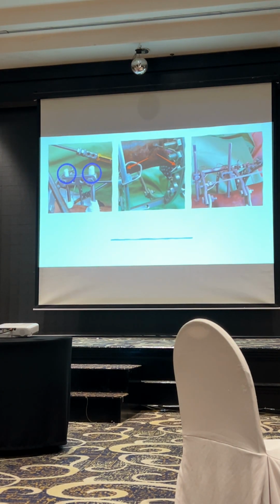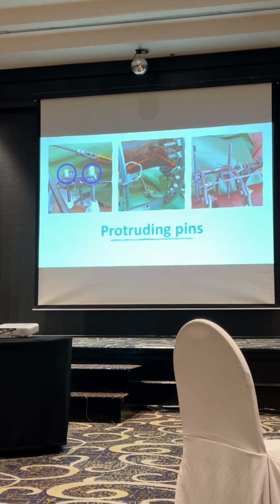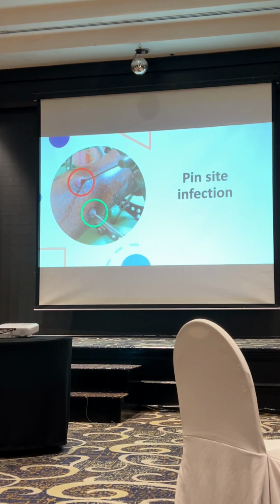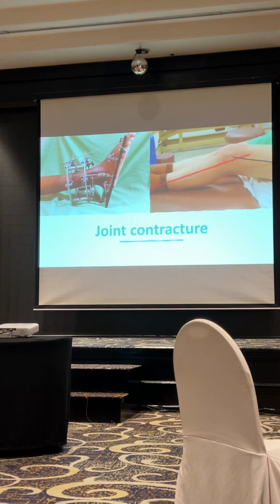Next. Pin site infection and protruding pins are the challenge here. Sometimes if you don't do it well, it's not on the clothing. Patients will be uncomfortable with exposed pins and wires. Next. Pin site infection, another concern. Next. Joint contracture.